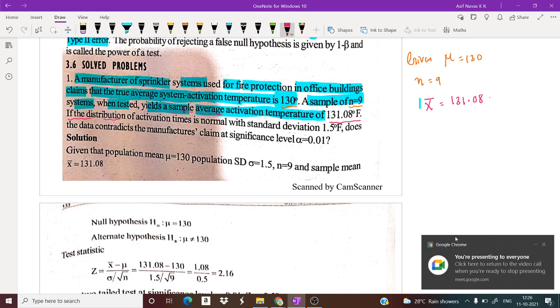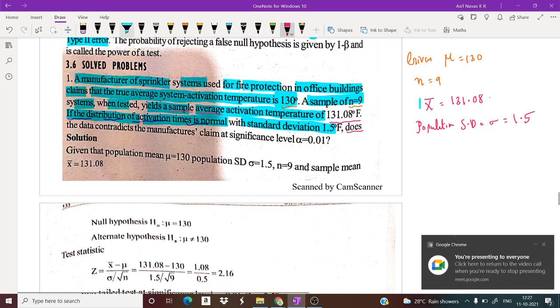If the distribution of activation time is normal, with standard deviation 1.5, then the population standard deviation sigma is 1.5.